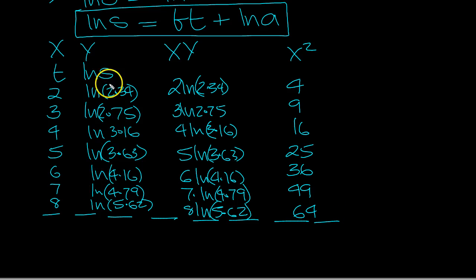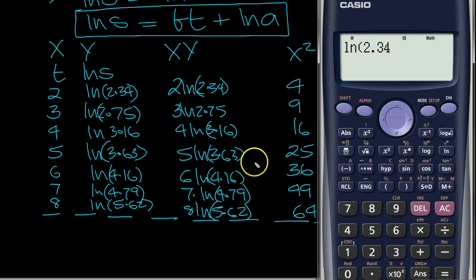Okay, good. So the total of that, the total of this, and the total of this is what we need. And then we can work out x bar. So let's do that.